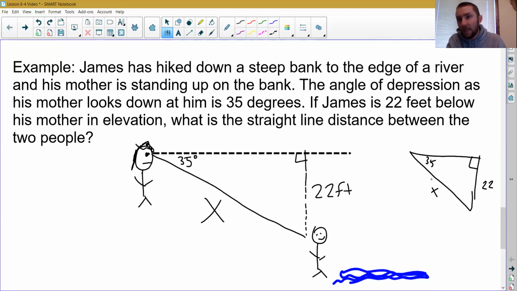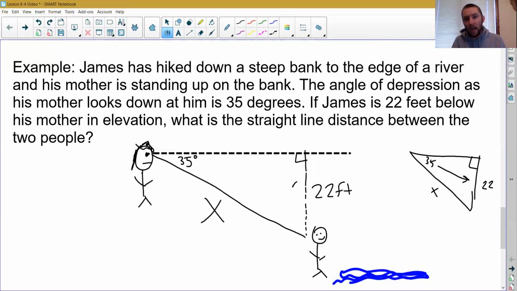This problem should look exactly like what we've been doing in section 8.3, right? This is a problem where we're going to set up a sine, cosine, or tangent fraction, and we're going to solve for x. So what I want you to notice is for the 35-degree angle, I know the length of the opposite side, right? It's the opposite leg. It's 22 feet. I'm looking for the straight line distance, which is the hypotenuse.